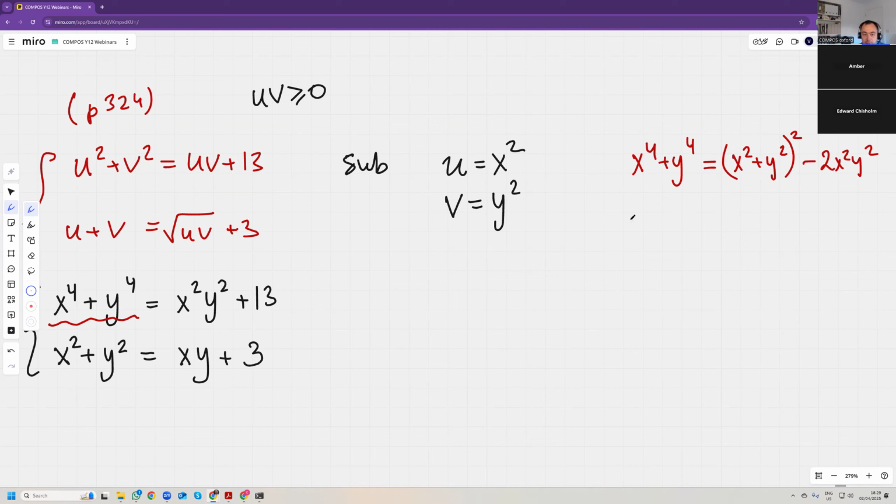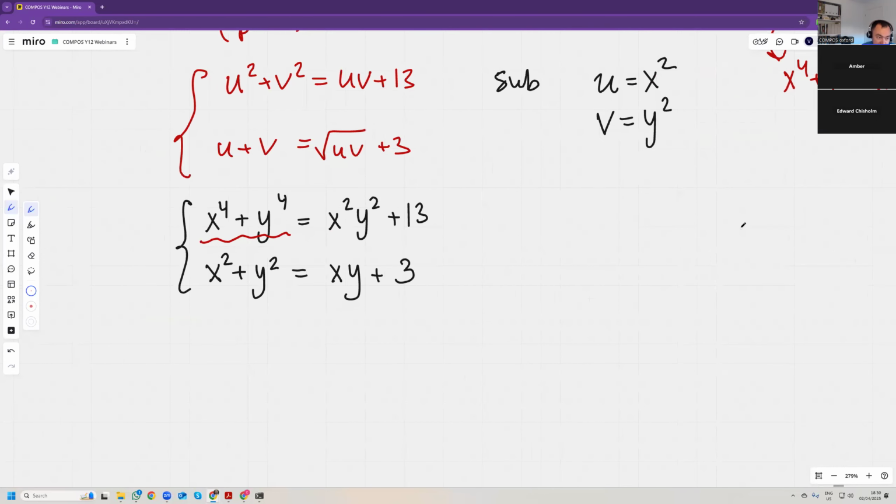Why is that? Well, because x squared plus y squared, squared, can be written as x to the power 4 plus y to the power 4 plus 2x squared y squared, if you just open the bracket. And then you express x to the power 4 plus y to the power 4 like this. So let's stick that in.